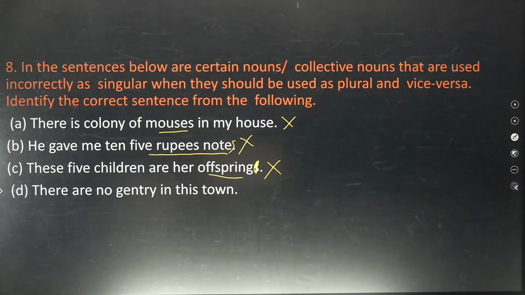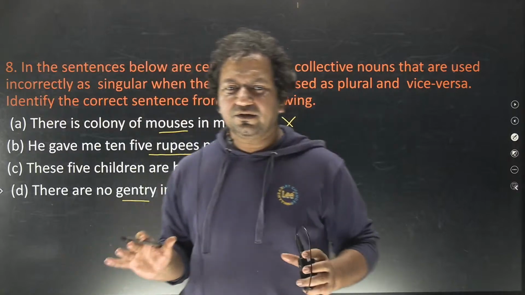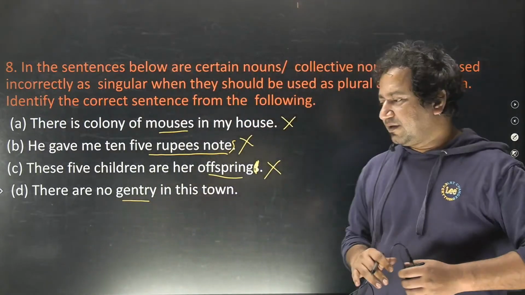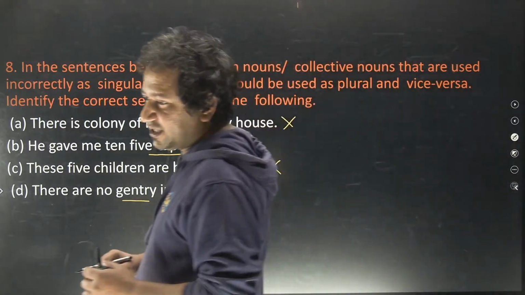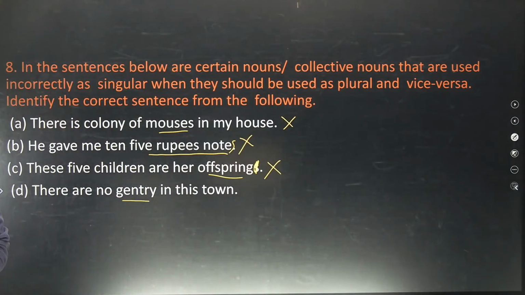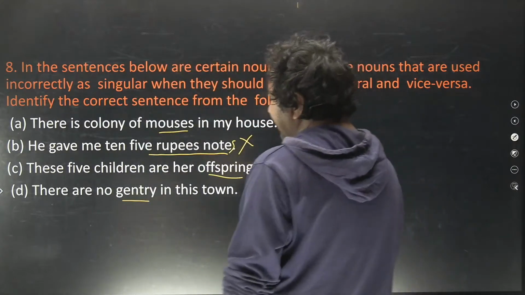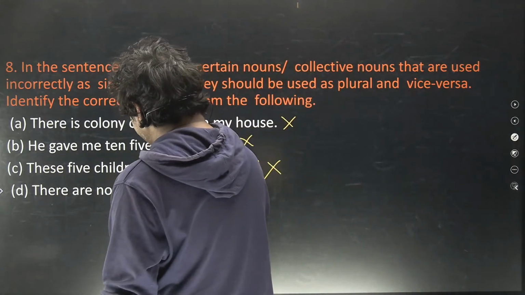Strange. Okay, coming to gentry. Gentry is basically people of some particular kind. We say, let's go to this bar, the gentry is good here, don't go there, the gentry is bad there. You must have heard this, isn't it? Gentry is basically treated as a plural noun.